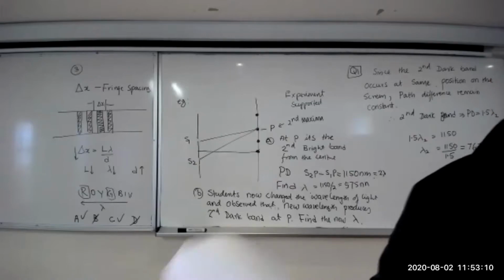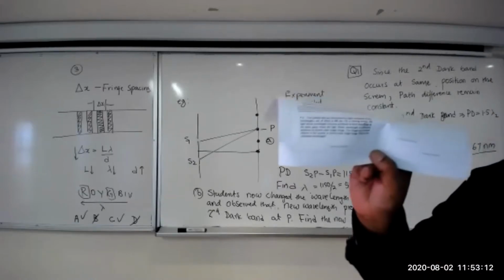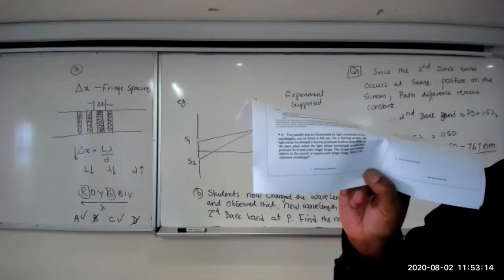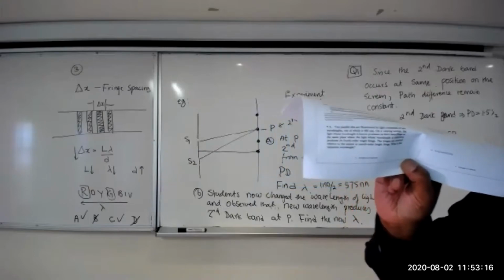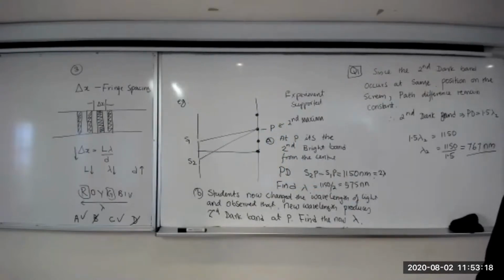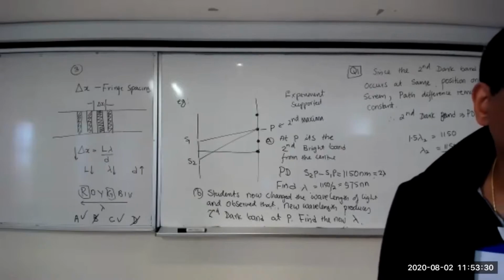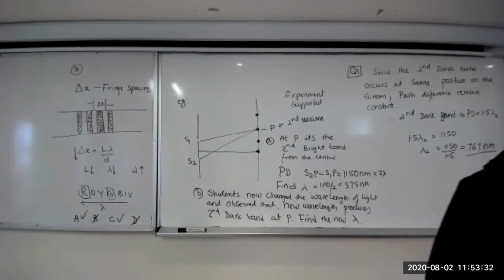Can you guys try a very similar question, question 7? Tell me what answer you're getting. Any question, guys, about it? Do we need to know the wavelengths of the individual colors?